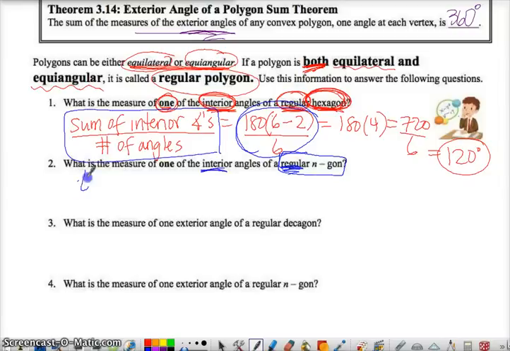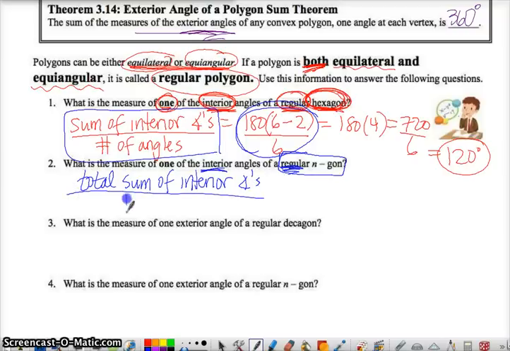We take the total sum of the interior angles, and we divide it by the number of angles, or the number of vertices, or the number of sides. Maybe sides is a better word here since we're using sides for n. So it's 180 times n minus 2, that's how we get the total sum, and we divide it by n.